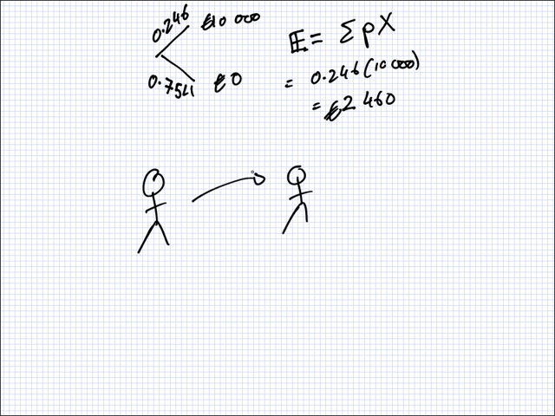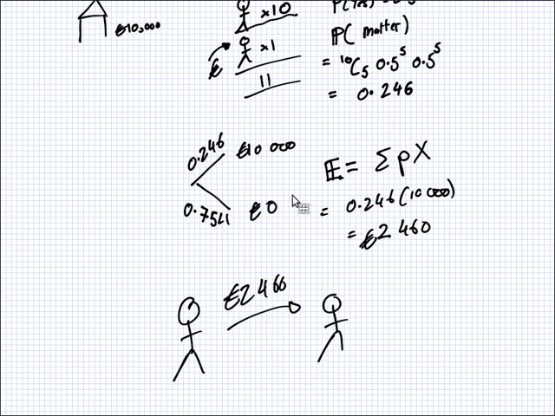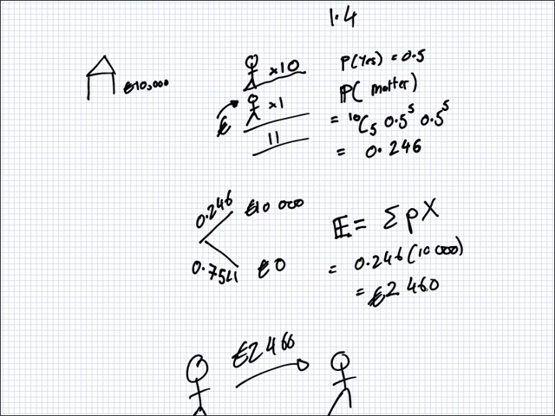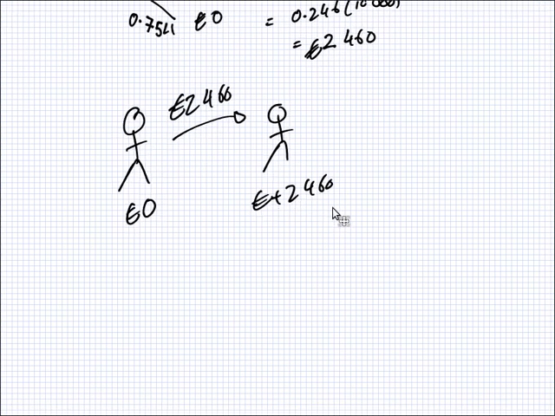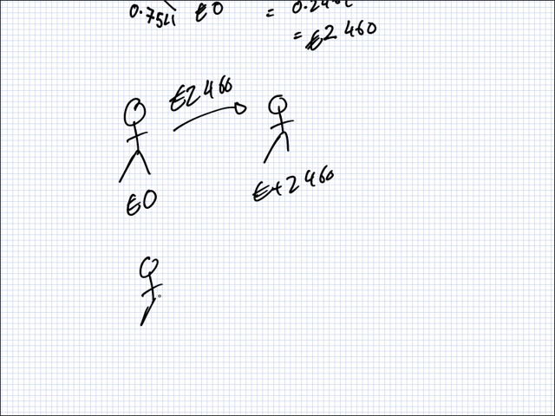If the builder pays you 2,460, that's actually not really that good for the builder because the builder was expected to get 2,460 anyways, just off of the probabilities here. So the builder's position would be 0 and you would be plus 2,460 because you weren't going to get any money anyways. If the builder doesn't give you any money, then they could have 2,460.